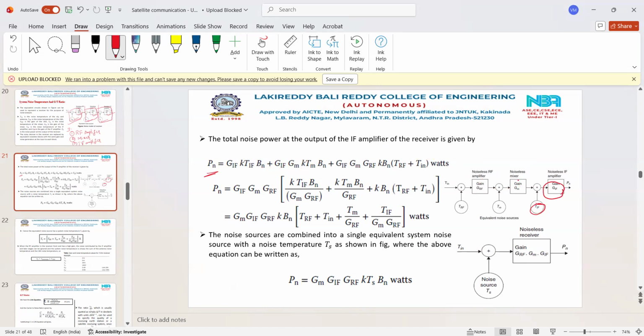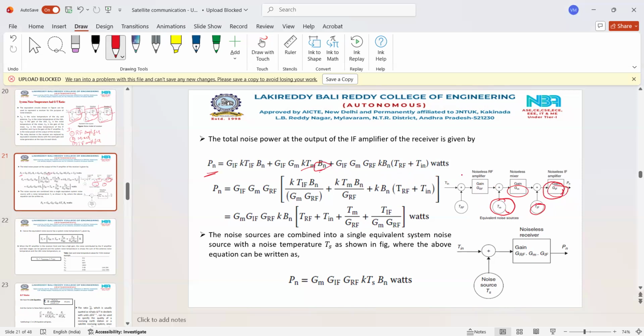So the gain GIF multiplied by GM, into K, the Boltzmann constant, and TM, the noise temperature of the mixer, and BN again the noise bandwidth.